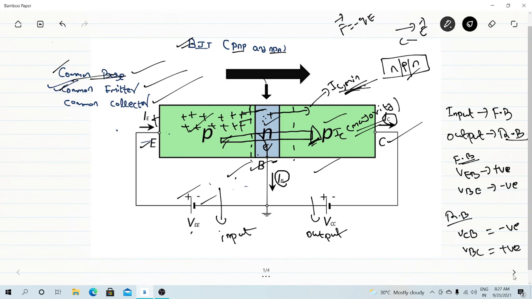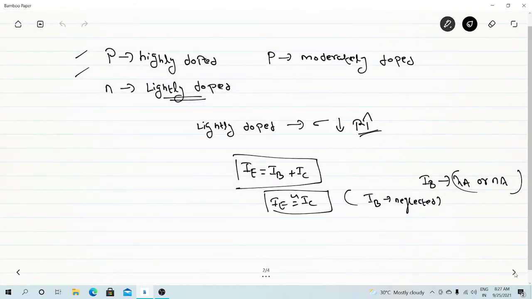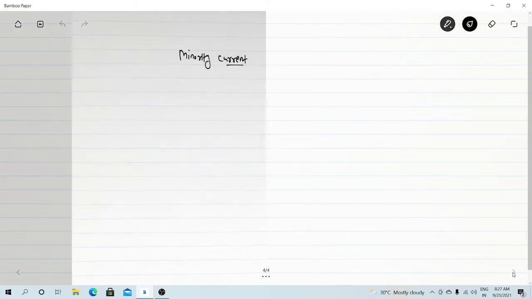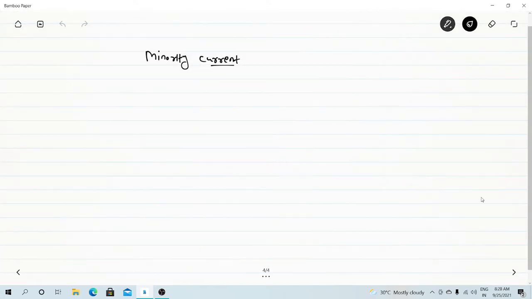So basically I can neglect the input section, that's why I will consider the input section to be open circuited so that IE becomes 0. This is the first thing that I should do.